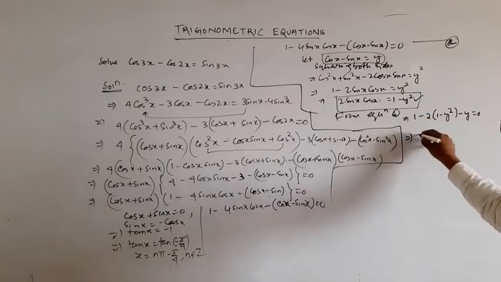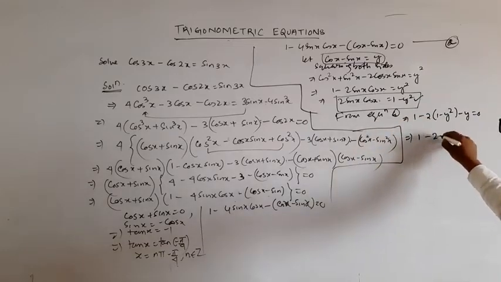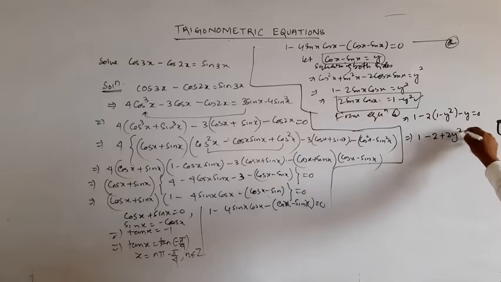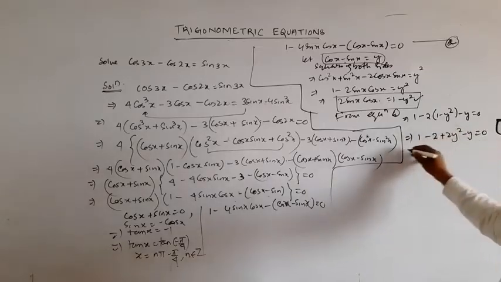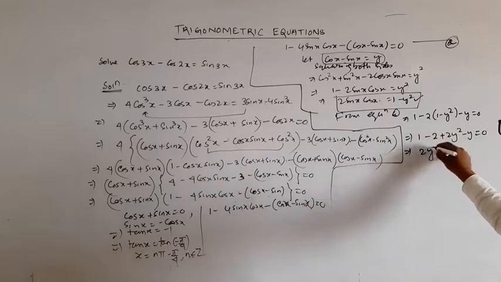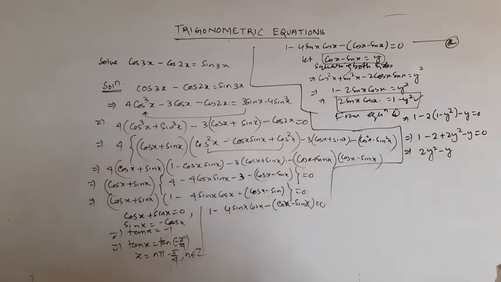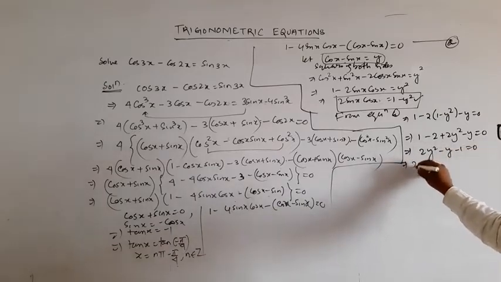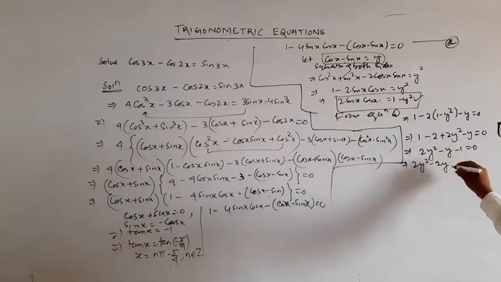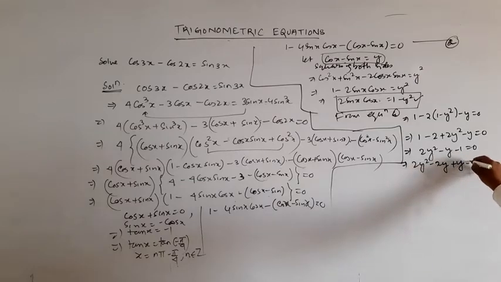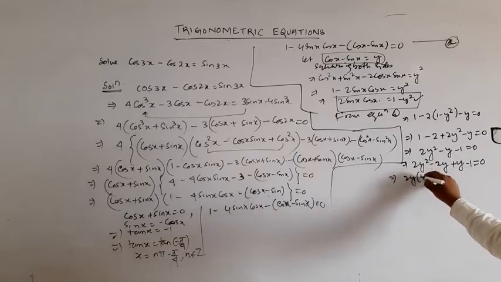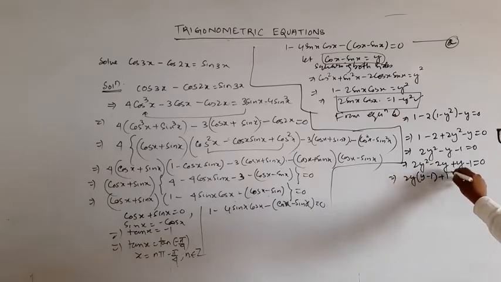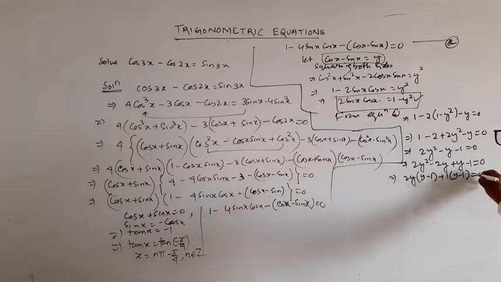That implies 1 minus 2 plus 2y square minus y is equal to 0. That implies 2y square minus y minus 1 is equal to 0. So that implies 2y square minus 2y plus y minus 1 is equal to 0. So this is 2y common, y minus 1, plus 1 common, y minus 1 is equal to 0.